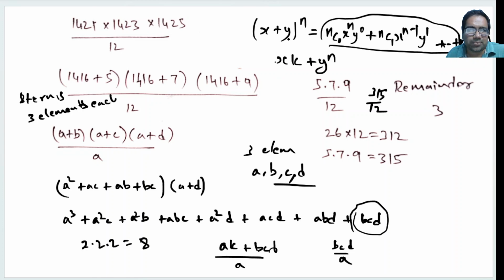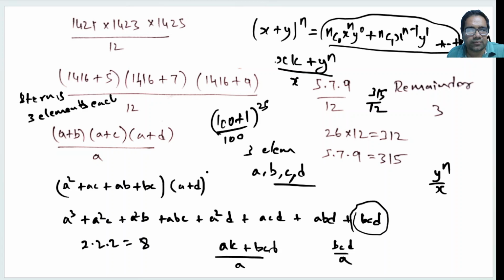So if (x plus y) whole power n is divided by some x, then the remainder will be equal to y power n by x, because x into some k, when divided by x, will leave remainder 0. We use this in multiple places where we want to break some term, for example 101 power 25 by 100.